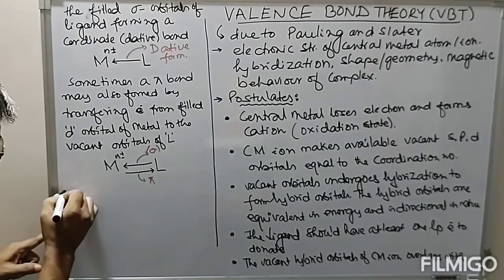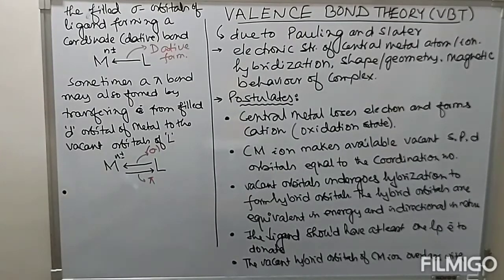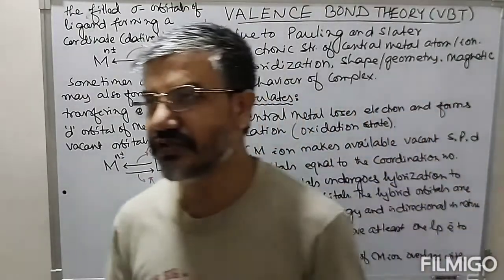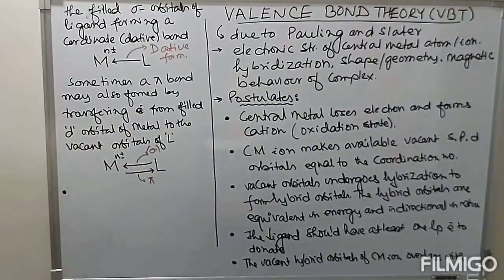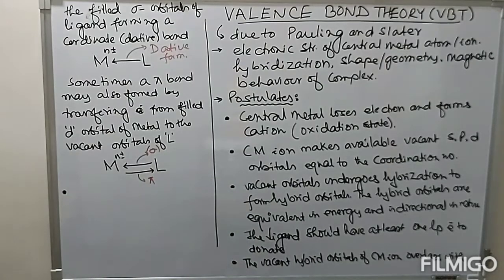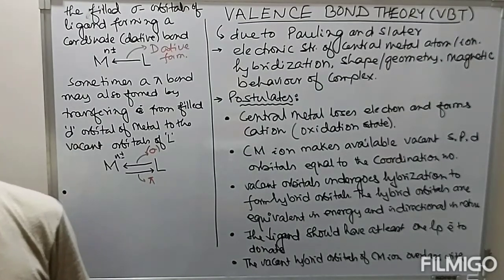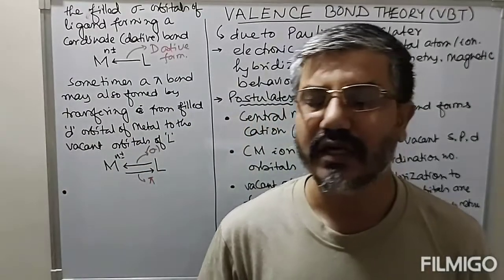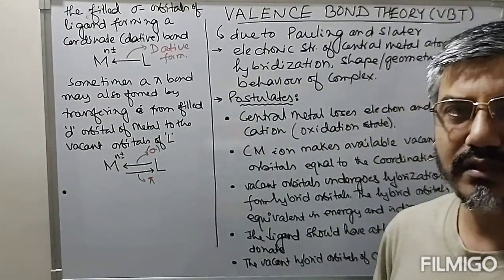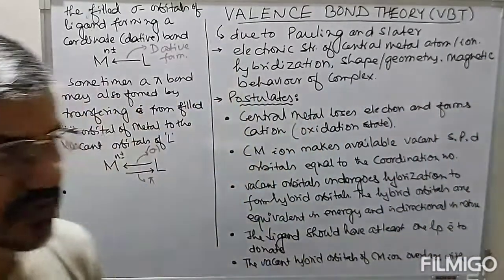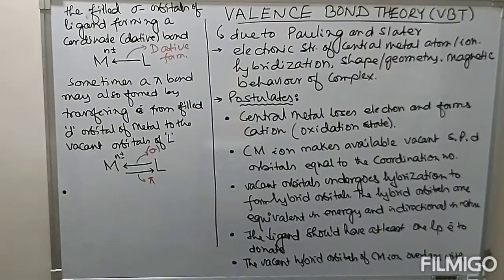Then the next postulate is, while formation of hybrid orbitals in an octahedral complex, the d orbitals are always used. Now the d orbitals used in hybrid orbitals may be the inner orbitals, n-1 d orbitals, or the outer shell or valency shell, nth d orbitals.